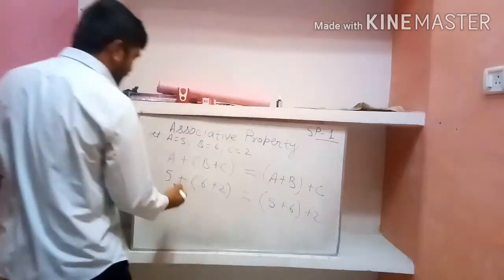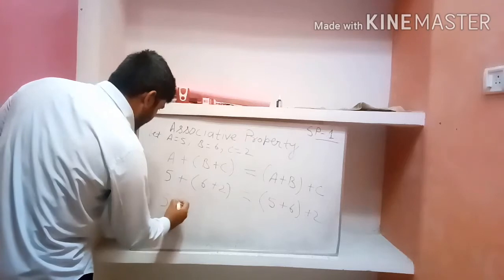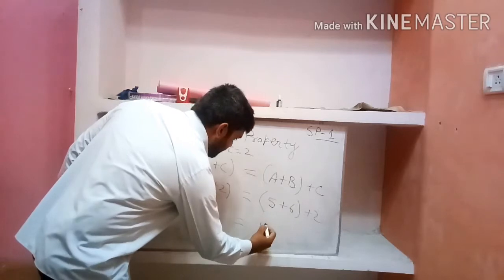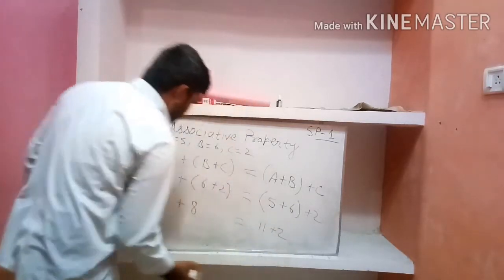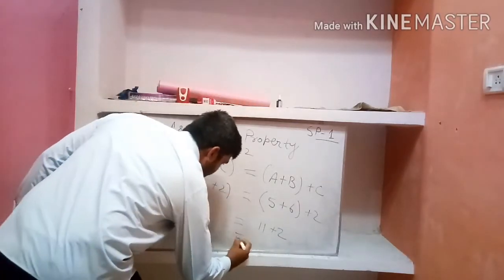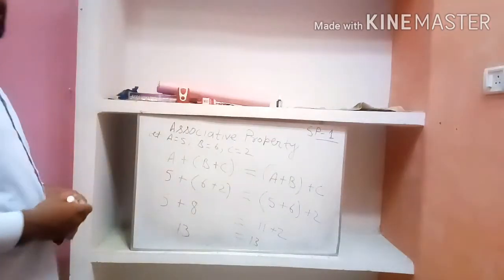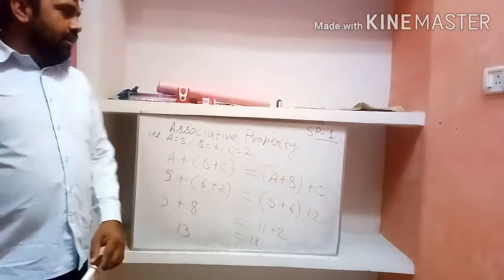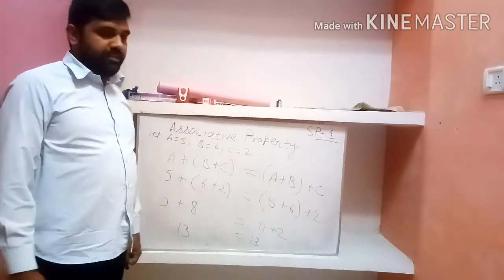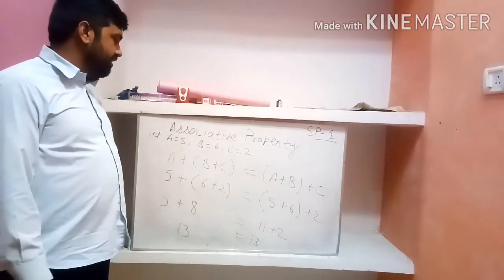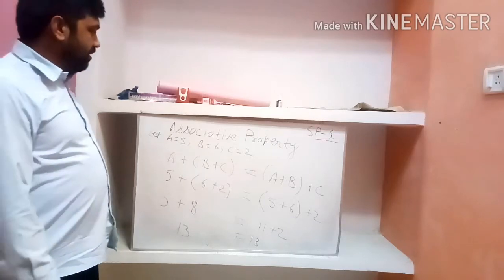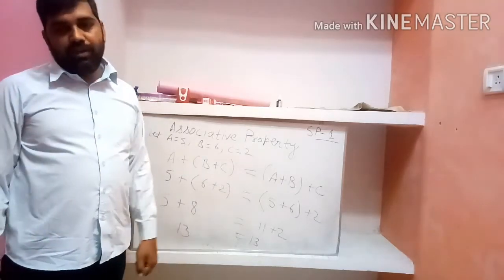First we solve the bracket. 6 plus 2 gives you 8, so 5 plus 8 is 13. On the other side, 5 plus 6 is 11, plus 2 is 13. See, on both sides we get the same result. So we can say the associative property holds for the addition of integers. If you are adding more than 2 integers and change the order, you will get the same result; its value will not be affected.